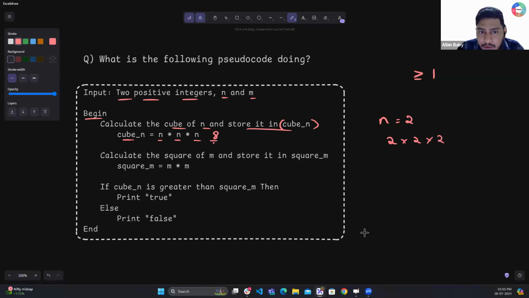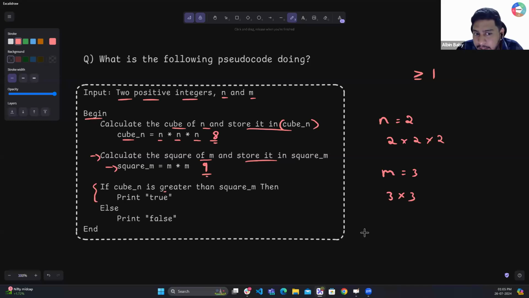Calculate the square of m and store it in square m. Let's assume m equals 3. Square of m equals m into m, so 3 into 3, that is 9. In square m, I'll store 9.